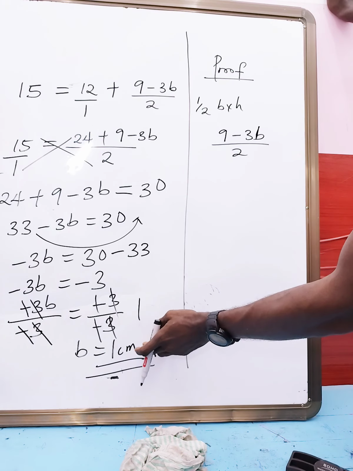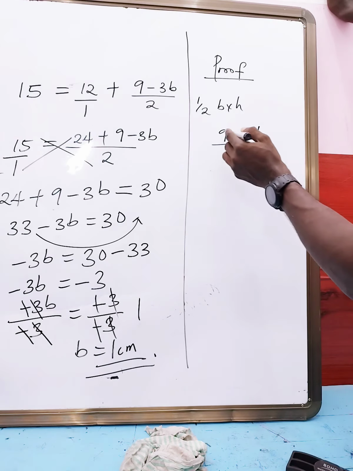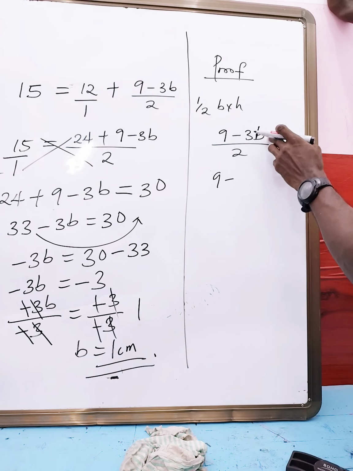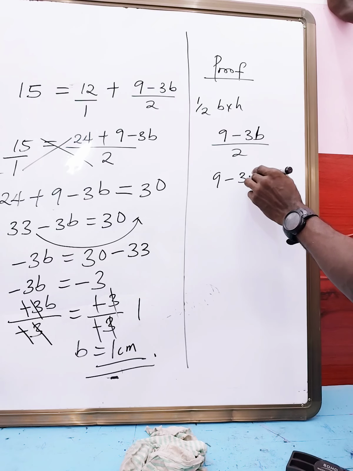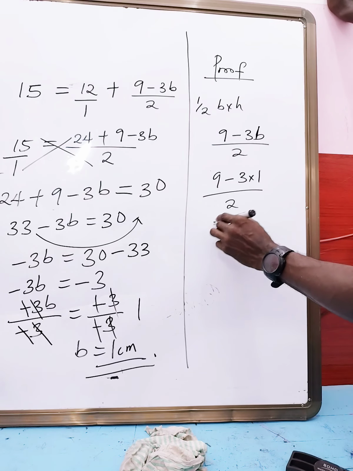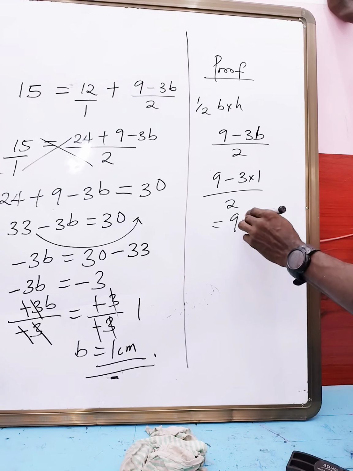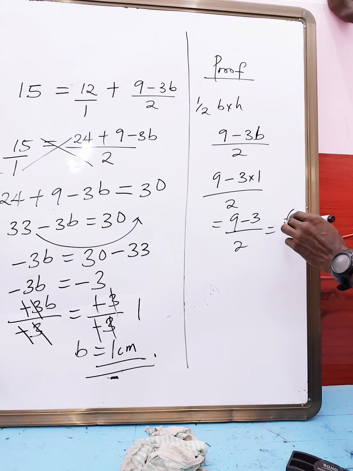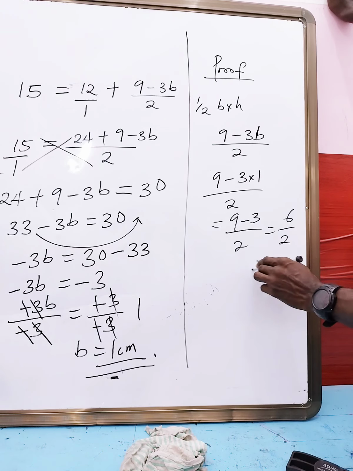So we have 9 minus 3 times 1 over 2, equals 6 over 2, equals 3 centimeters squared.